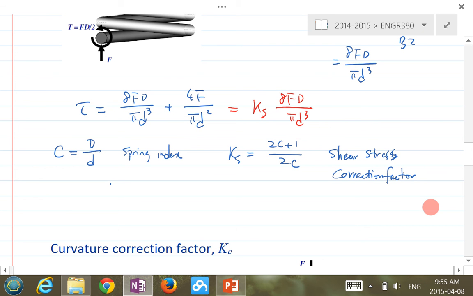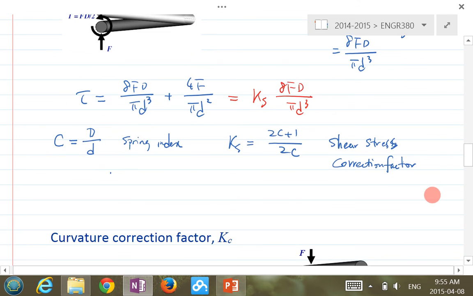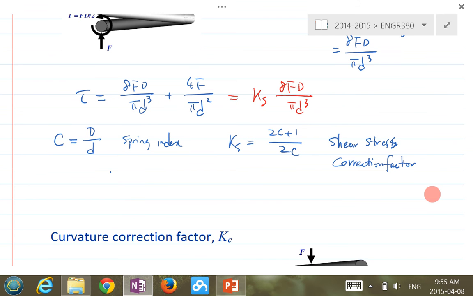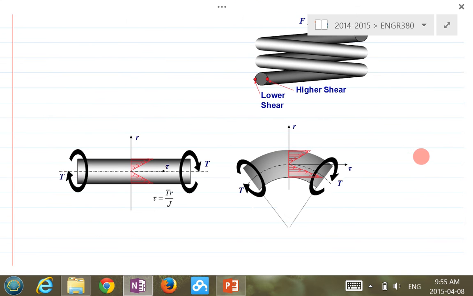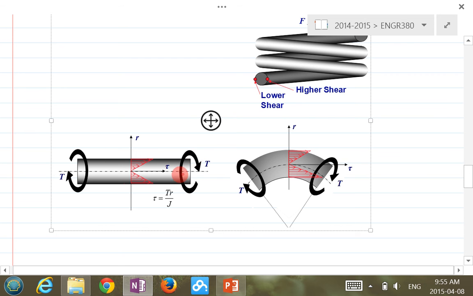We'll use this under certain circumstances, which is basically after the set removal here. What we use is we have to take a look at the actual condition here. When we derived this formula, we considered a situation as a straight bar under torsion.